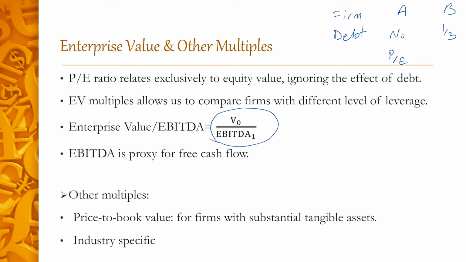And for the denominator here, we have three choices: EBIT, EBITDA, and free cash flow.